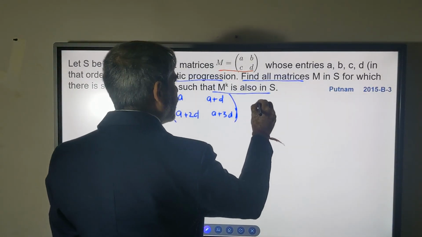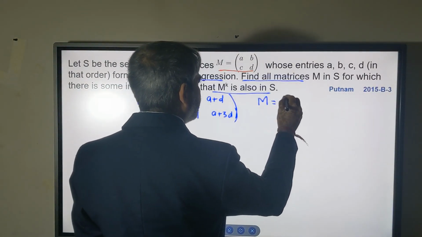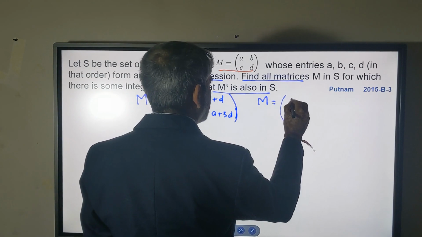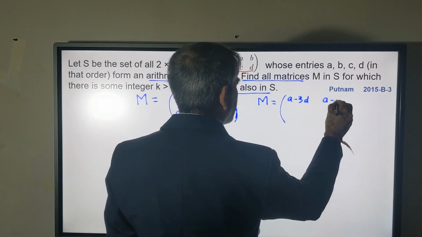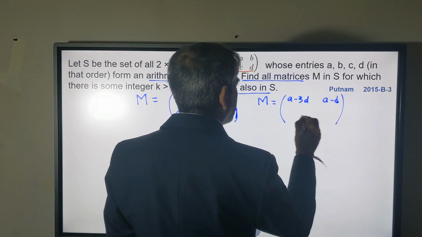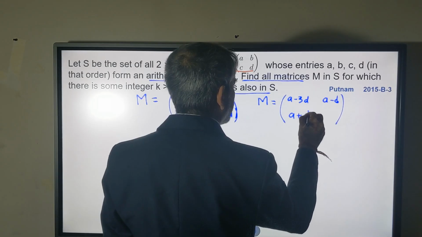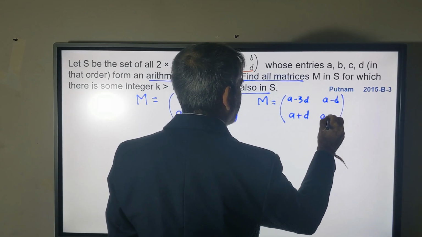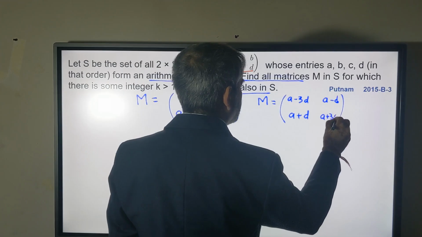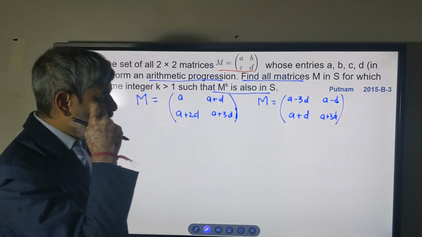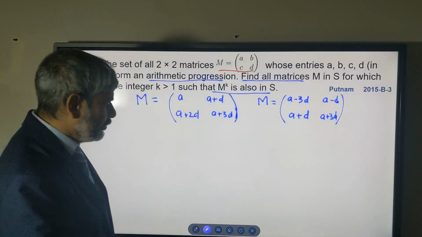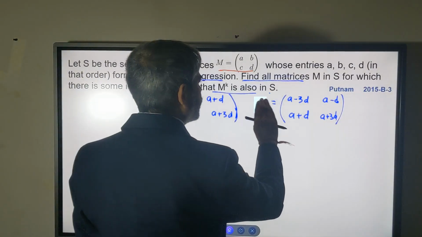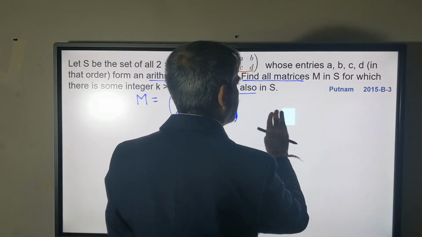That will make it look more symmetrical and possibly make the problem a little easier, but I will let you do this problem with that set of entries, and the end result is going to be the same. So I will just go ahead with this one.